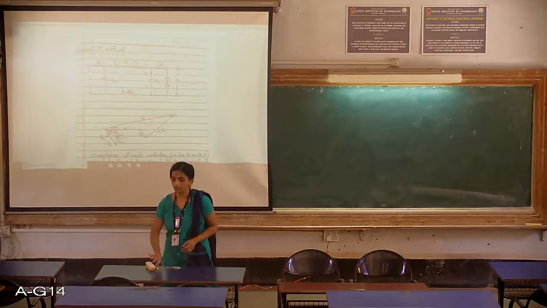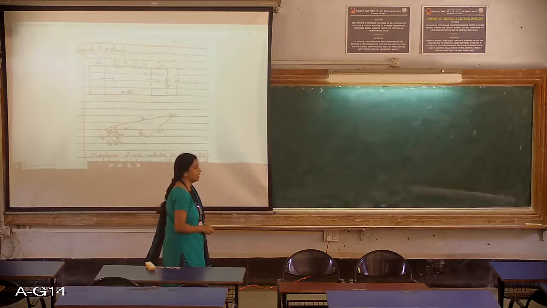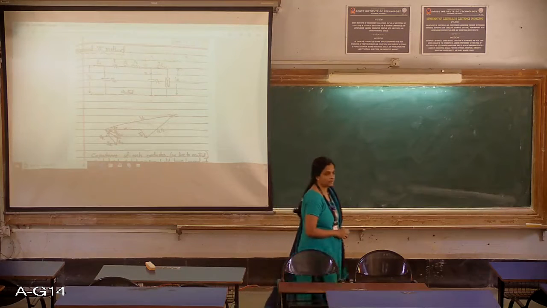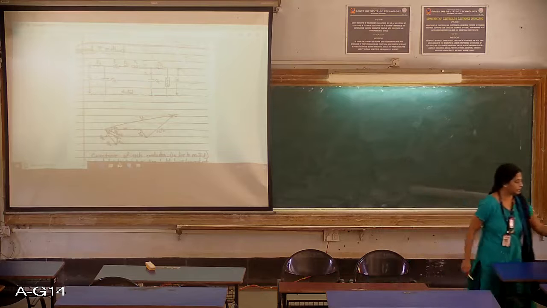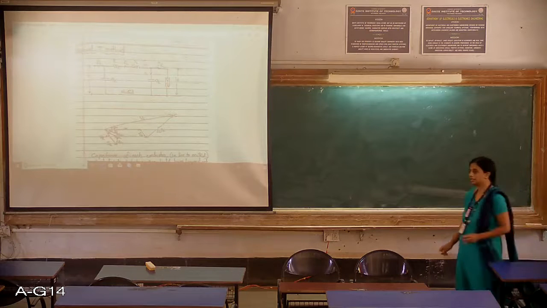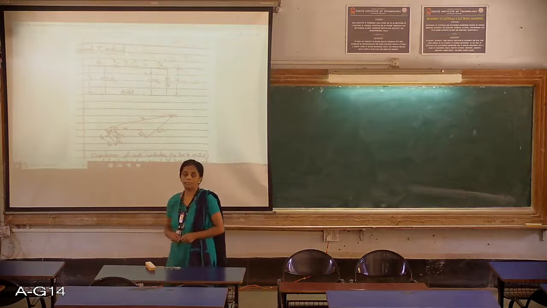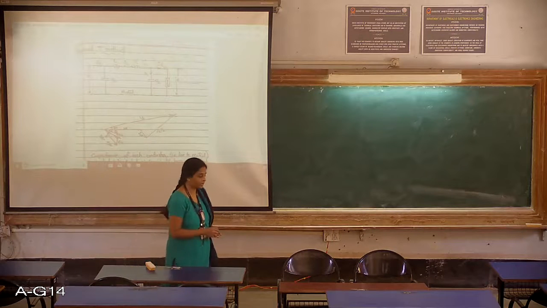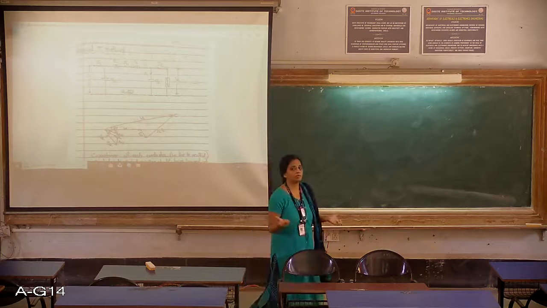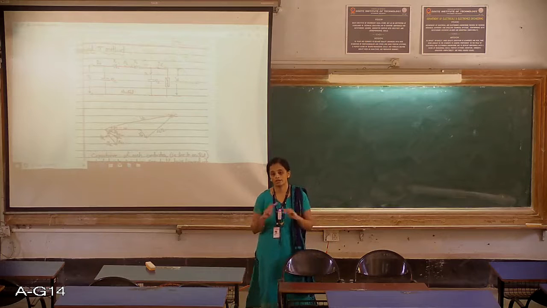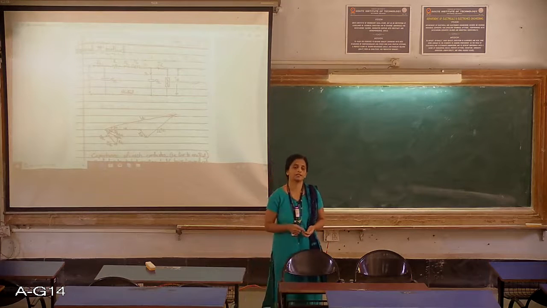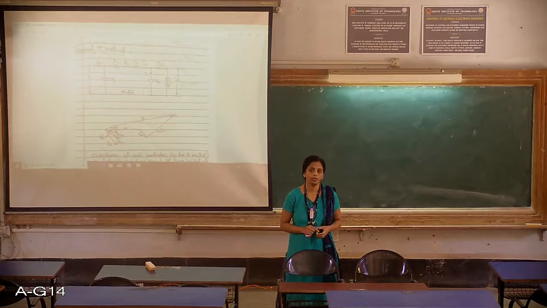Then we saw the T model representation, where the capacitance is present at the center of the line and the parameters R and L of the line are distributed into two equal halves.